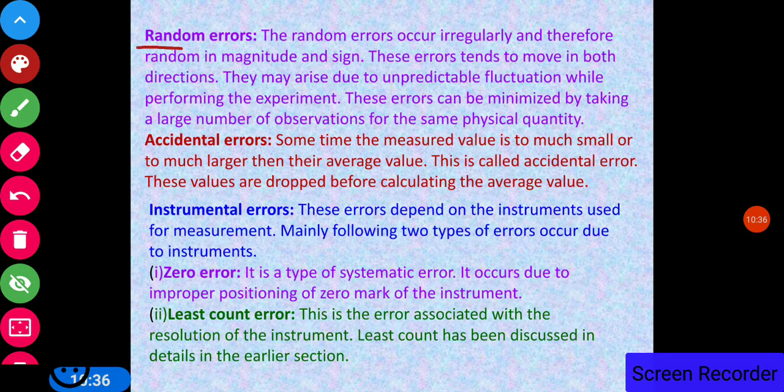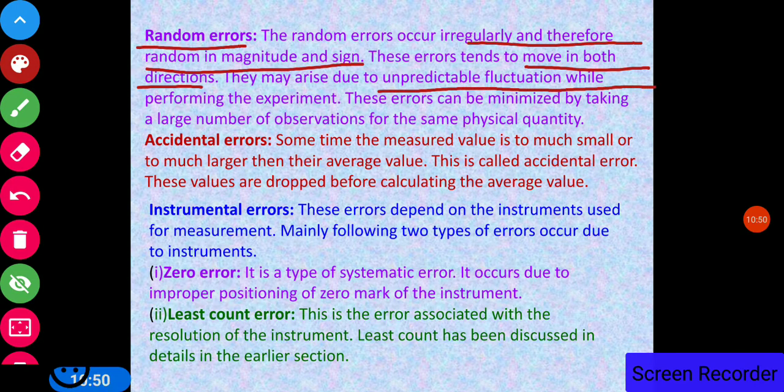Now, random error. The random error occurs irregularly and is therefore random in magnitude and sign. These errors tend to move in both directions. They may arise due to unpredictable fluctuations while performing the experiments.